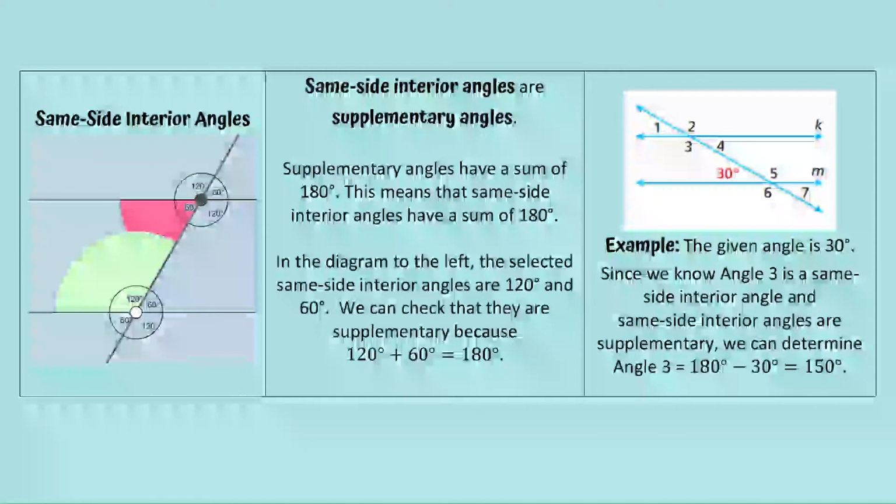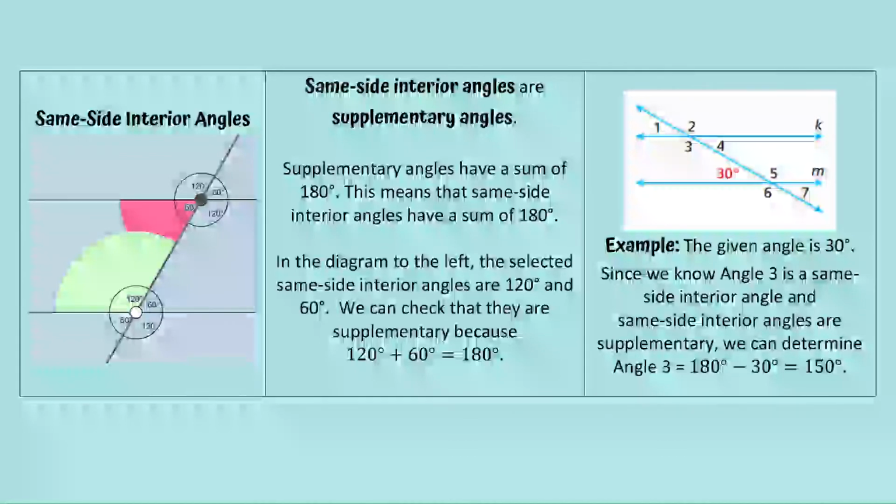Now, we can use this information again to find missing angles. So let's look at the example on the right. We're back to that original problem I had displayed. So the given angle is 30 degrees. Same side interior angle. So we're going to stay on the same side of the transversal and we're going to stay on the inside of the parallel lines. That means that the same side interior angle with the given angle is angle 3. Now, these are not congruent, these are supplementary.